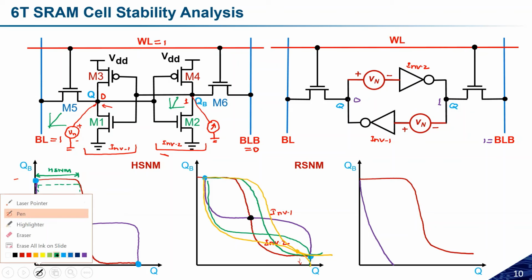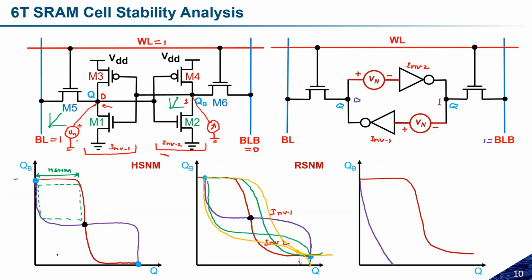The important thing is how we can measure the noise margin. In this case, to measure the noise margin, we need to simply find the maximum. That is why I just told you, while writing the data, we have one stable point, so we can call them monostable points. So we need to find some place where we can have a maximum square.